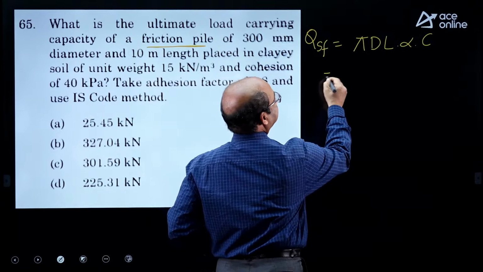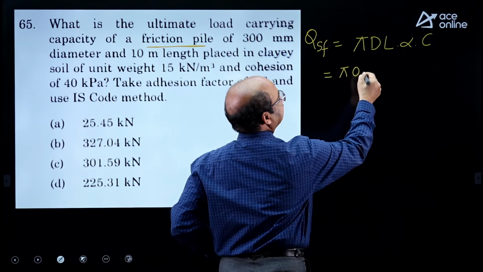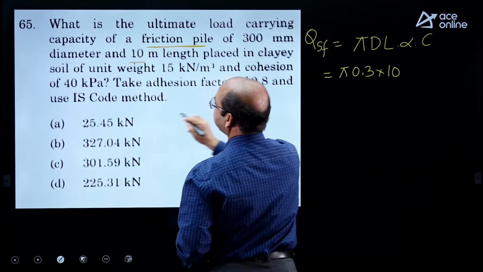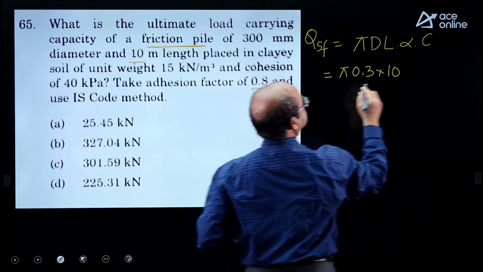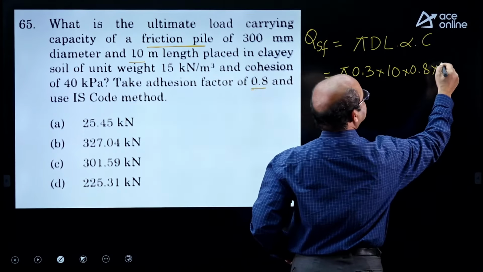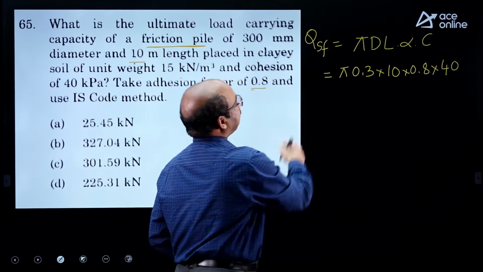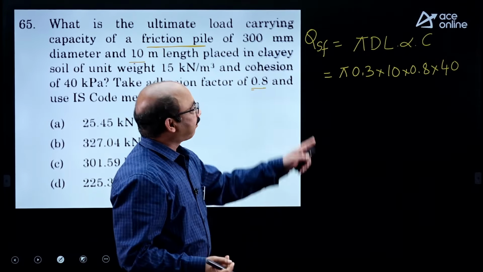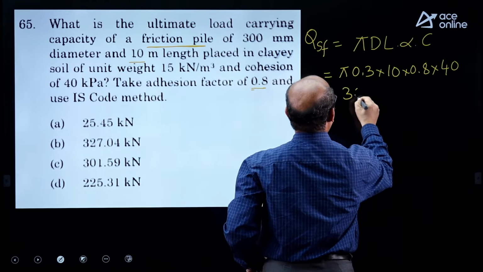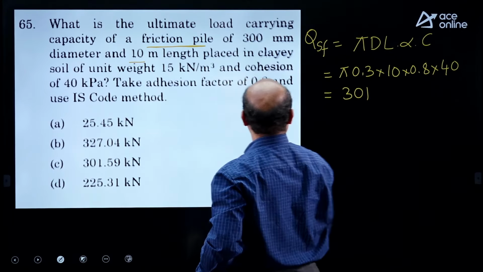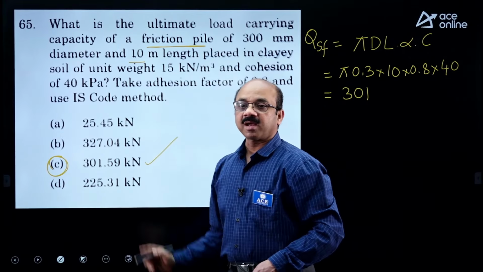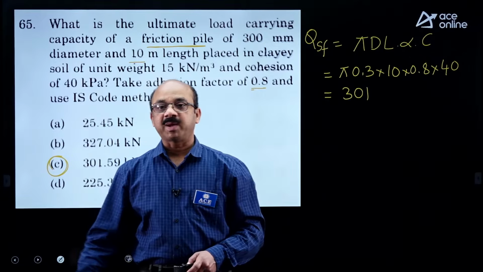Substituting, pi, diameter given 0.3, length 10 meters, alpha 0.8, and the C value given 40 kilopascals. Pi value you can take 3.14, into 0.3 into 10. When you work out, the value will come nearly 301 kilonewtons. You can see the option available there, option C. So this is the answer, the ultimate skin friction capacity of this pile.